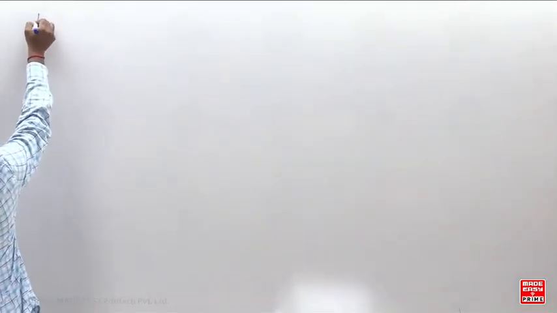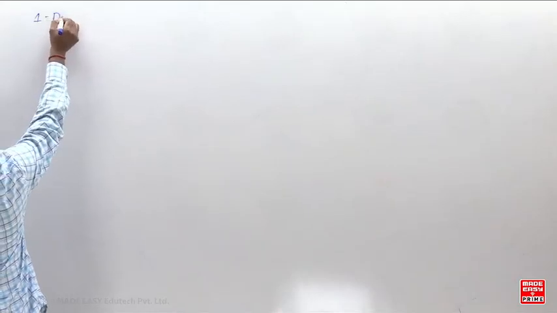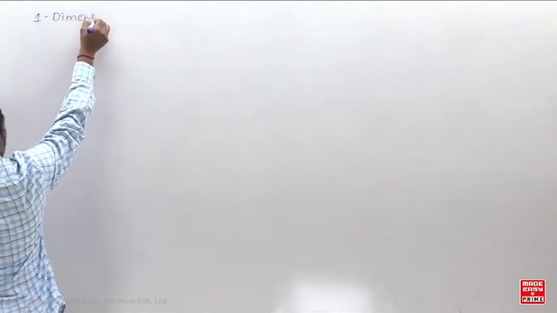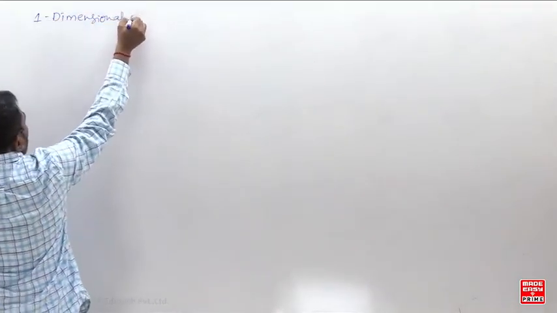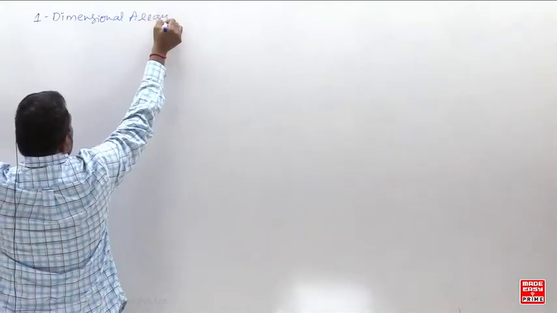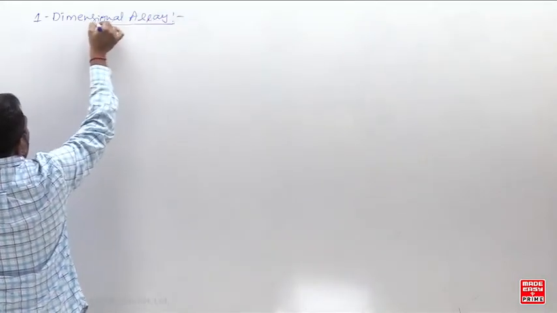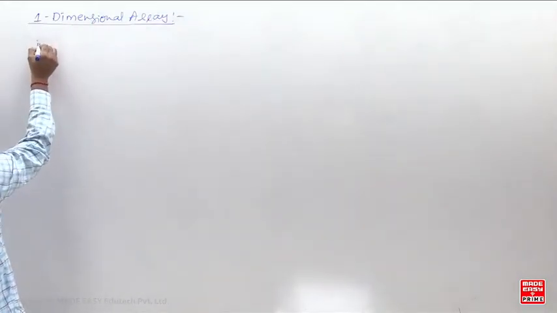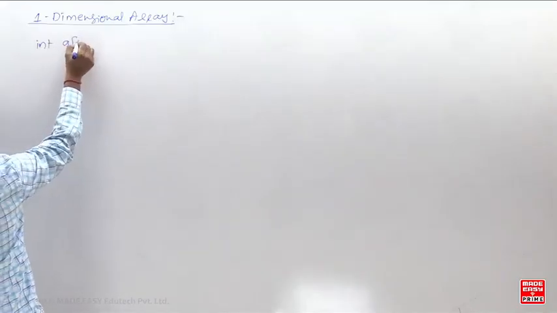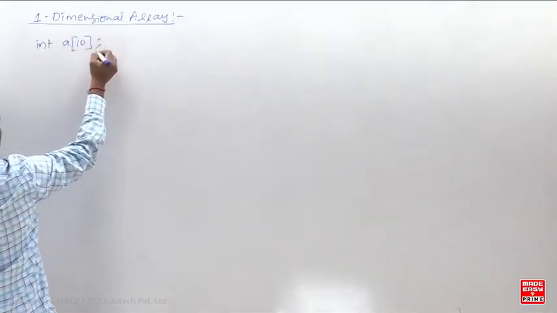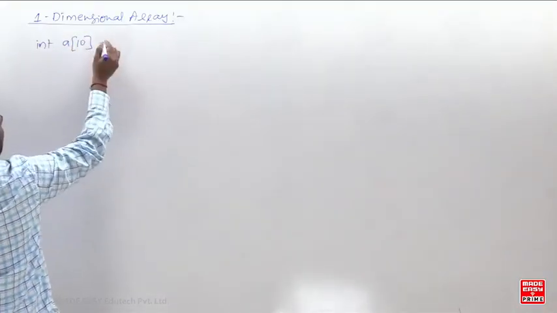I think computer science students all know this, but in case of non-computer science students, just note it down. The first one is the one dimensional array. Let's say integer a of 10.